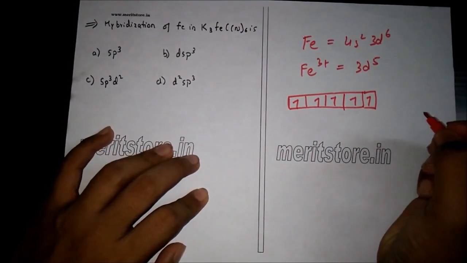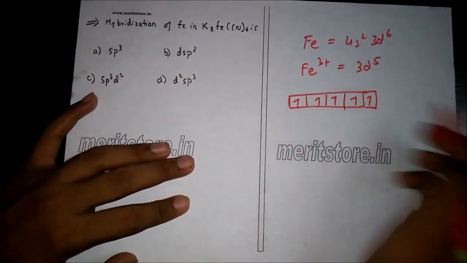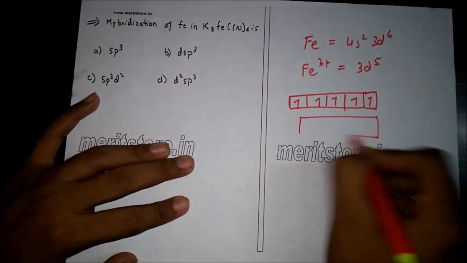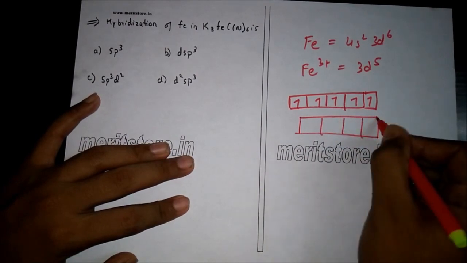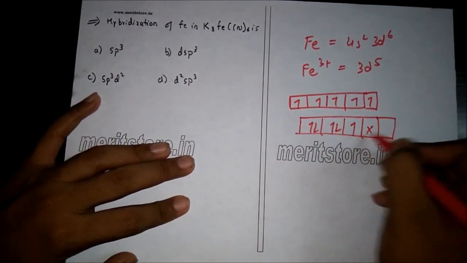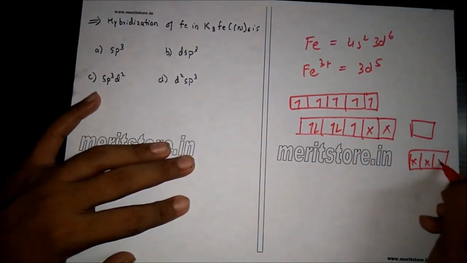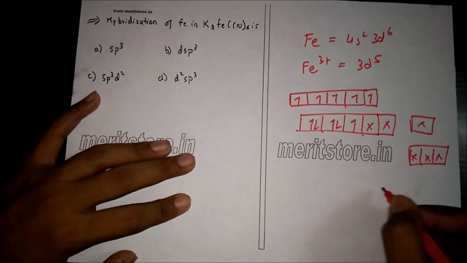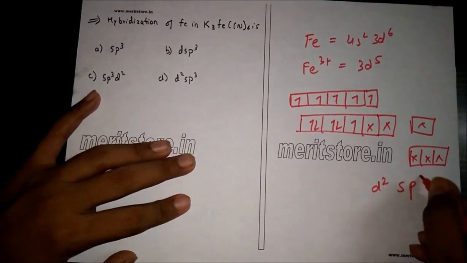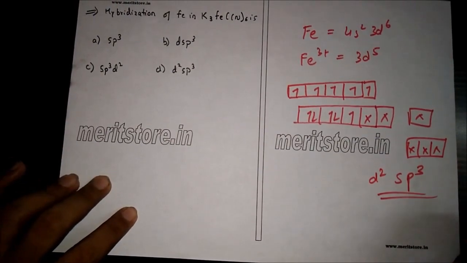Since the ligand is strong field, all the electrons will be paired, and it will form a hybridization like this. The d orbitals, along with s and p, will be empty. Therefore, it will form a hybridization of d2sp3. Therefore, the correct answer here will be option D.